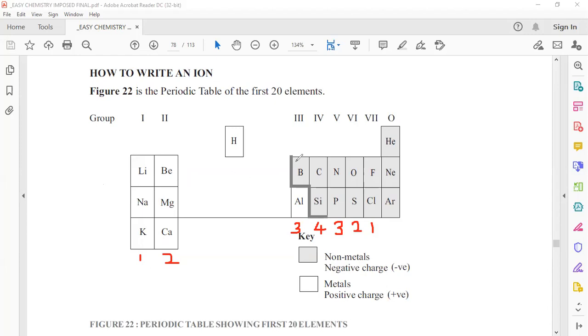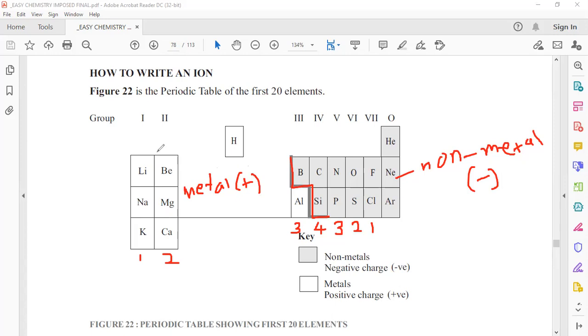And we know that there is a zigzag line on the periodic table, where we have nonmetals to the right of the zigzag line, and we indicated negative in brackets, and metals to the left of the zigzag line, and we indicated positive charge.